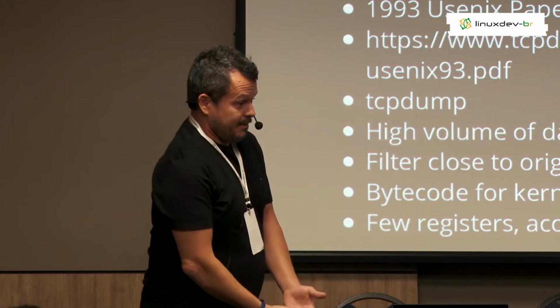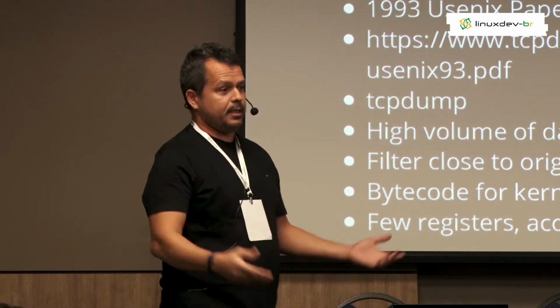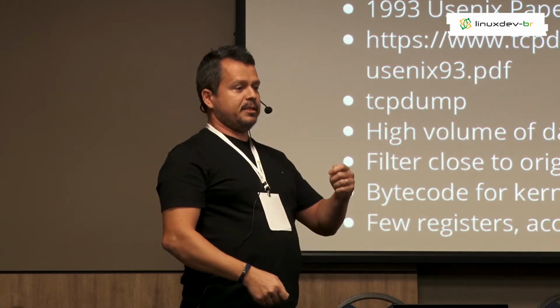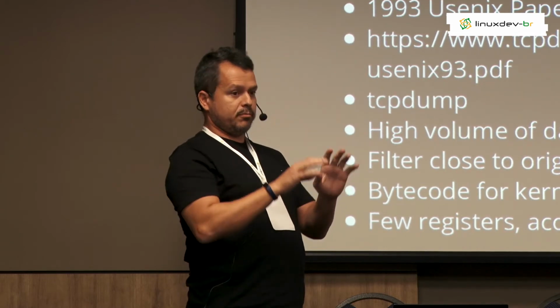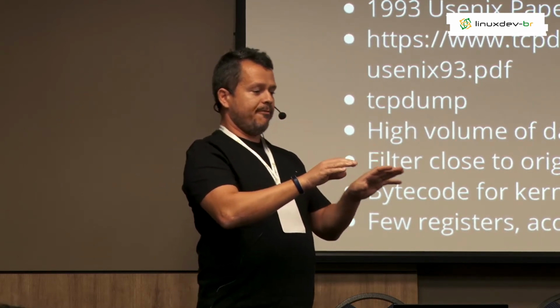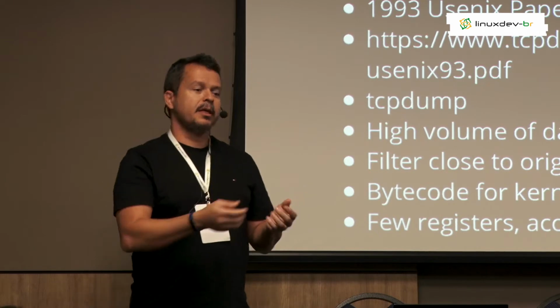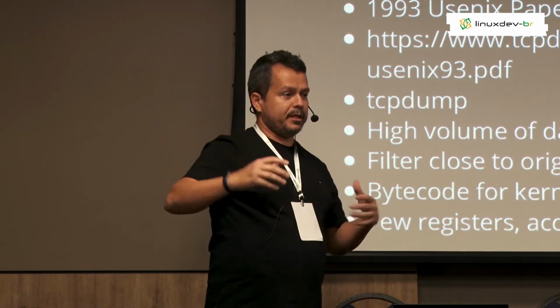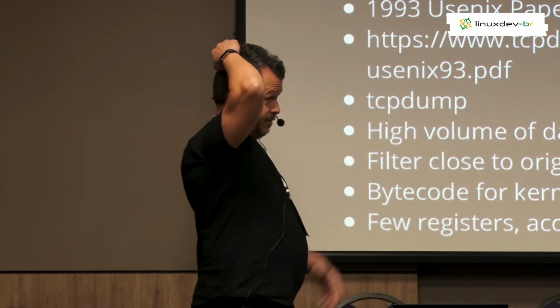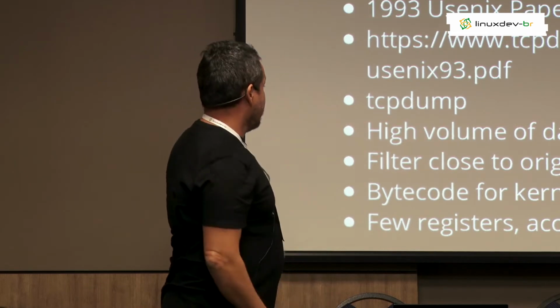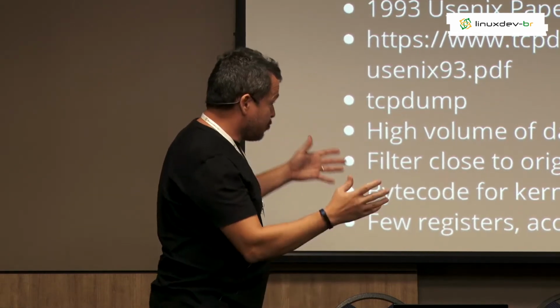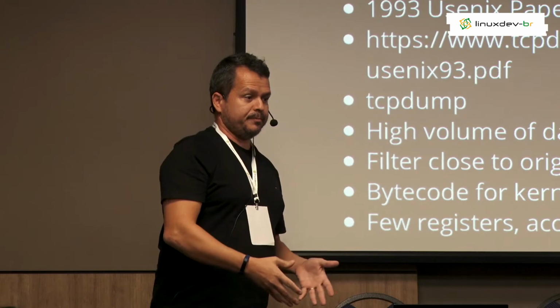You get it at the earliest possible moment. Let's say when the driver gets this thing and passes it up one function, you look at this. If it matches what you want, then you put it into the ring buffer that later on will be processed by the tcpdump application. So the question is to reduce the volume of data that you copy.